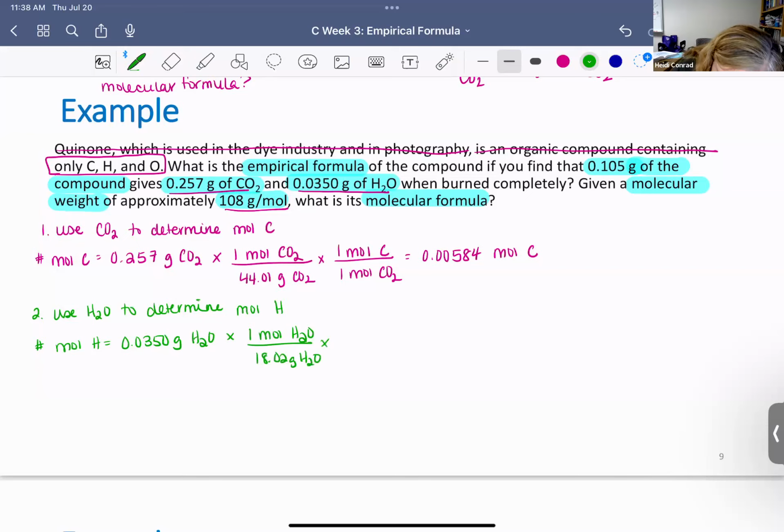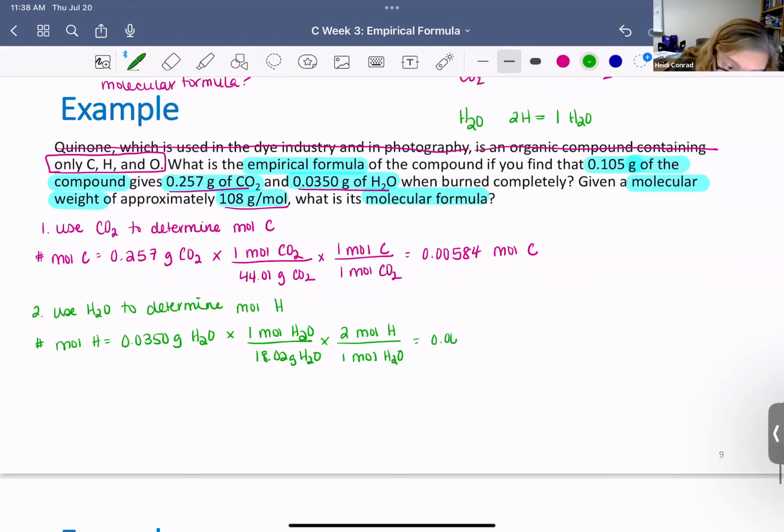And now when I look at the formula, H2O, I see I've got 2 hydrogens for every 1 water. So times 2 moles of hydrogen for every 1 mole of H2O. And this will give me 0.00194 moles of hydrogen. So I've got my moles of carbon, I've got my moles of hydrogen. Now the issue is, how the heck do I figure out how many moles of oxygen I have left?